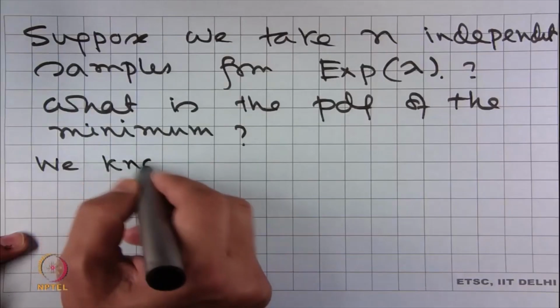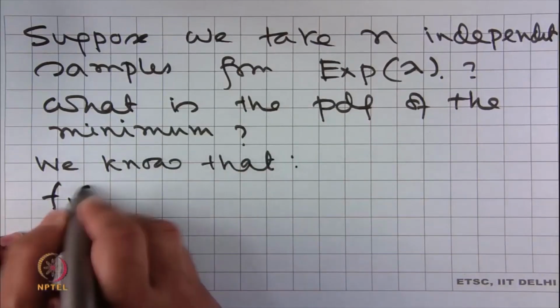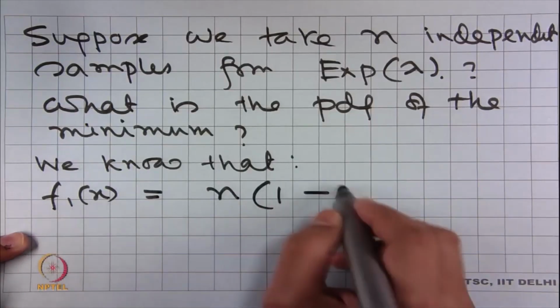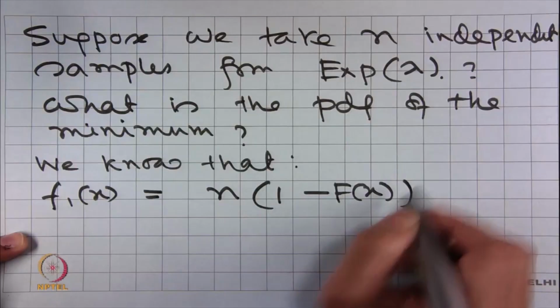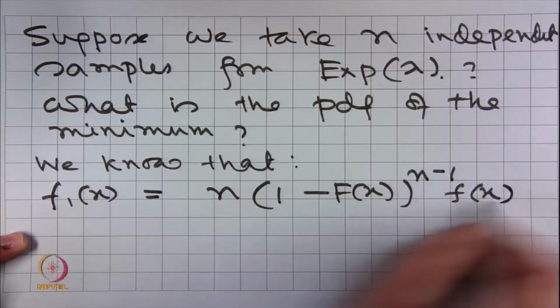We know that f 1 x is equal to n into 1 minus F x whole to the power n minus 1 into f x.